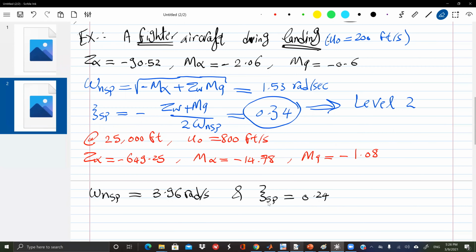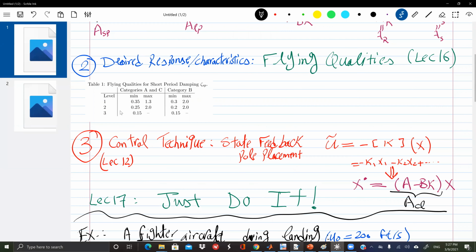Although the pitch damping coefficient, MEQ, increased significantly, the damping ratio itself, which is the relevant factor for the short period mode, actually decreased. I don't know what you did, guys, in the quiz, but if you got zeta around 0.24, your solution is correct. And let's go together and get the level of flying qualities.